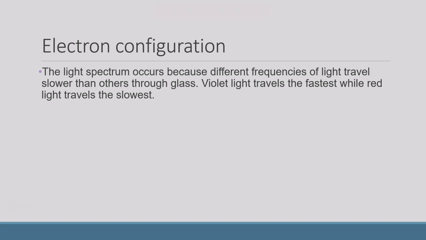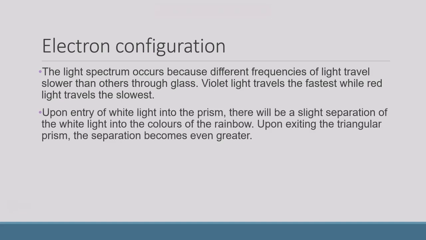So what we're seeing is the white light breaking into the different frequencies of color that make up the white. And because the different frequencies of light travel at different speeds through glass, we get to see a continuous light spectrum on the other side of the prism.